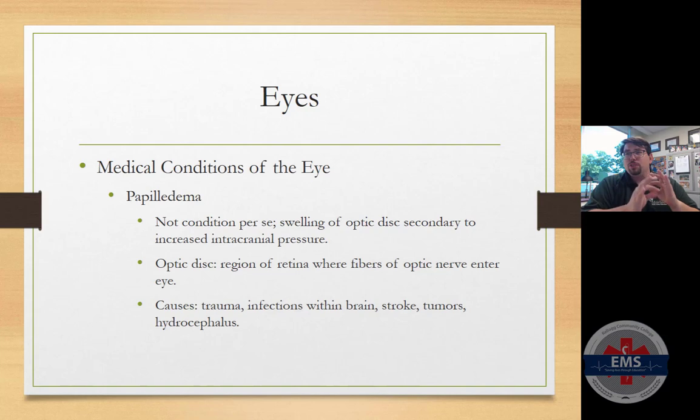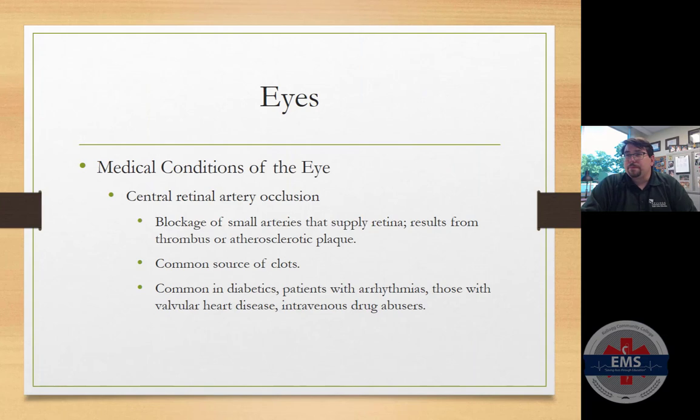And so when we deal with damage to that component, either because of increased intracranial pressure or some secondary injury, mostly we're going to see it associated with trauma, infection, strokes, tumors, and hydrocephalus, right, swelling of the brain. Anything that would lead to a likelihood of an increase in intracranial pressure. Again, trauma, infections, stroke, tumors, and then this enlarged hydrocephalus of the brain.